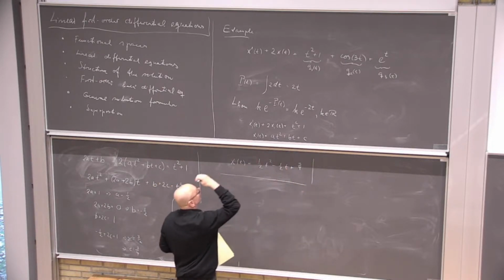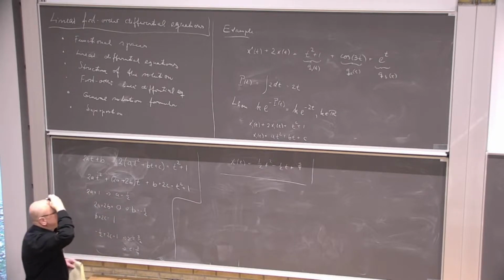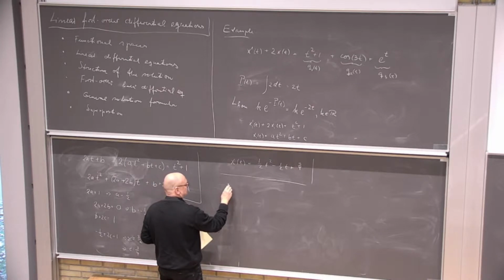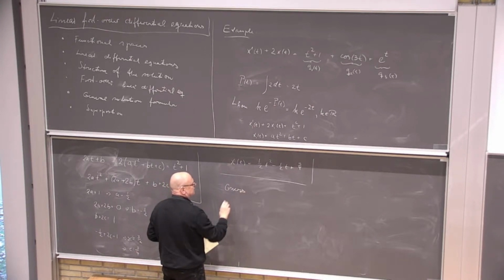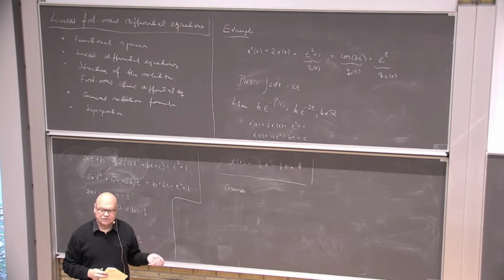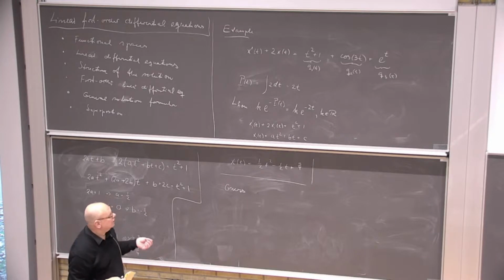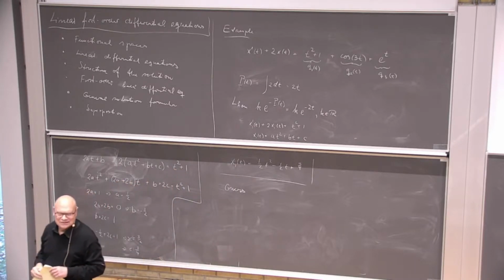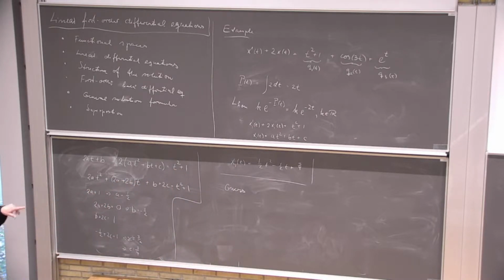Let's take the second one, where the right-hand side now is cosine 3t. Here I will guess, because if you have a trigonometric function and you take the derivative, you get a trigonometric function.